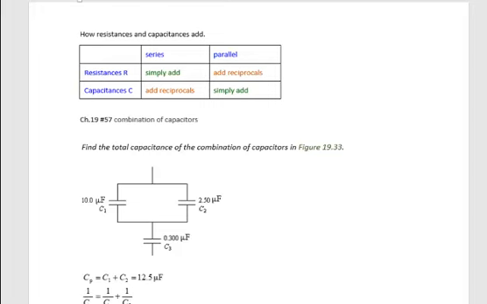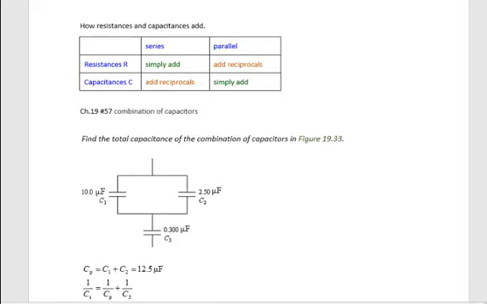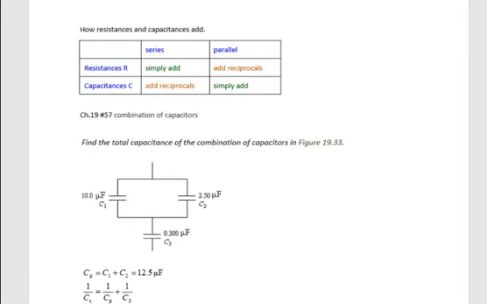When those are in series, you simply add them. When they're parallel, that's when you add the reciprocals, and then take the reciprocal at the end. For the capacitances, it's the other way around. Add the reciprocals when they're in series, simply add them when they're in parallel. So I actually have to get used to that because I don't do that on a regular basis. But I'm glad that OpenStax actually has this particular problem.